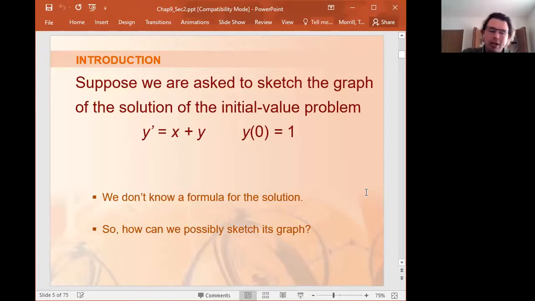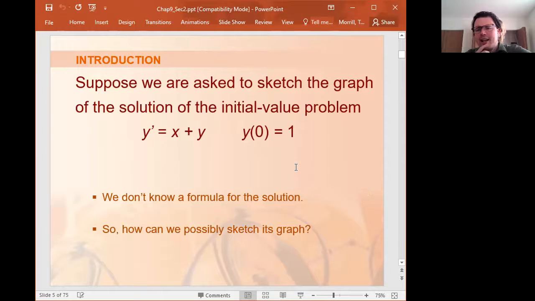Now, if we knew that the solution did run through some point, let's say (1, 2), well, then my slope would have to be 3. If I knew that the solution to the differential equation ran through the coordinates (0, 4), well, then my y prime would have to be 4. I'm just following this equation right here.